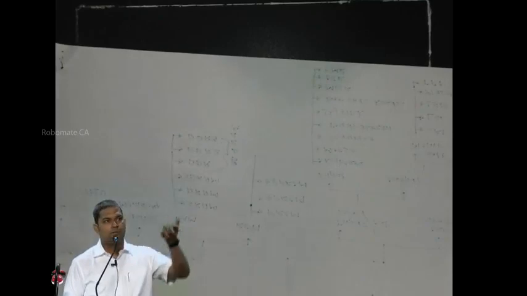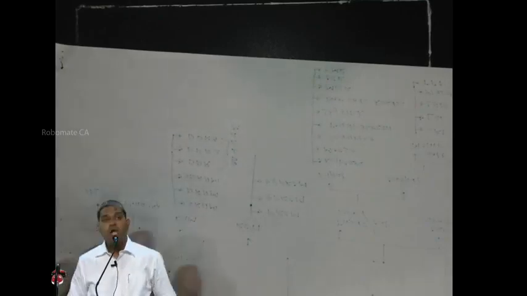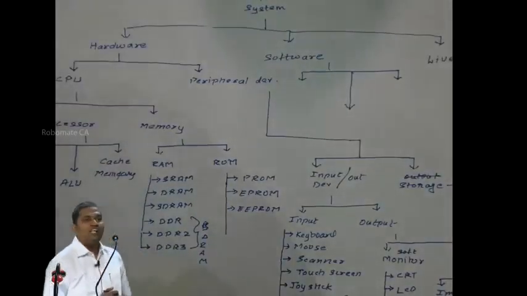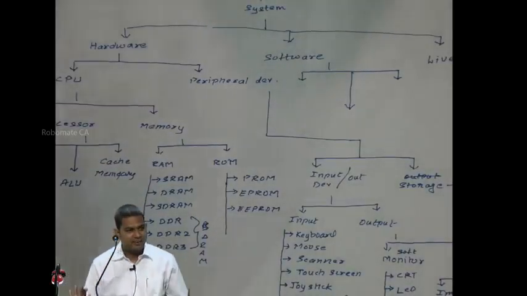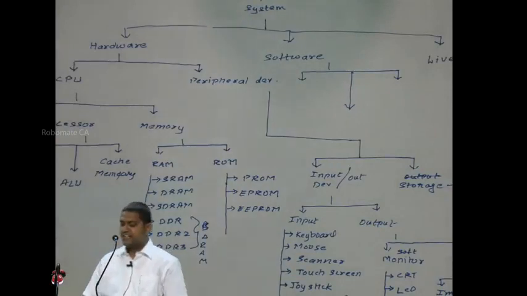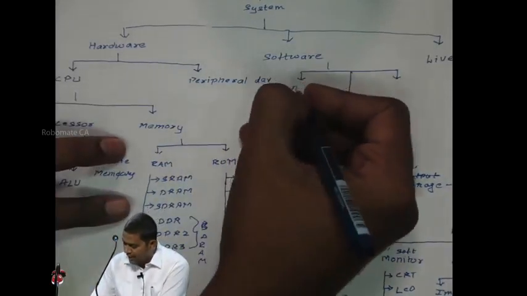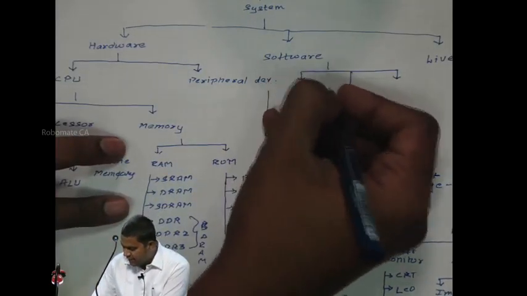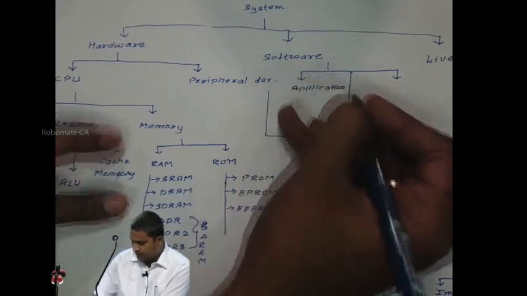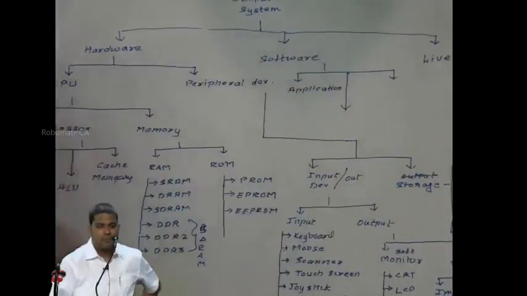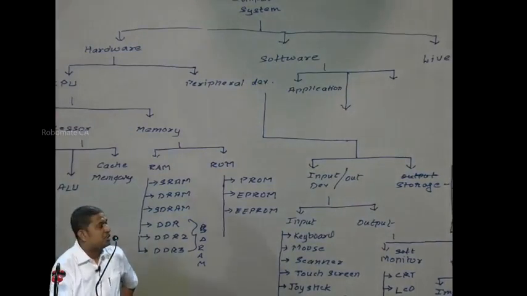Hello. I was talking about software. Software is perfectly intangible. The first type of software is called application software.